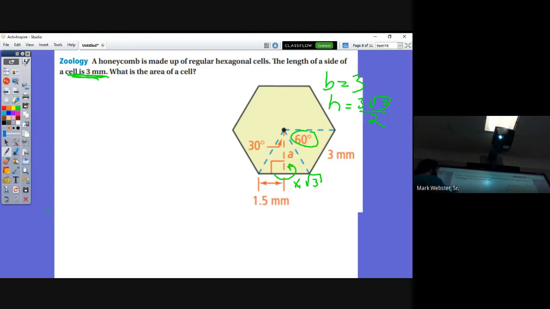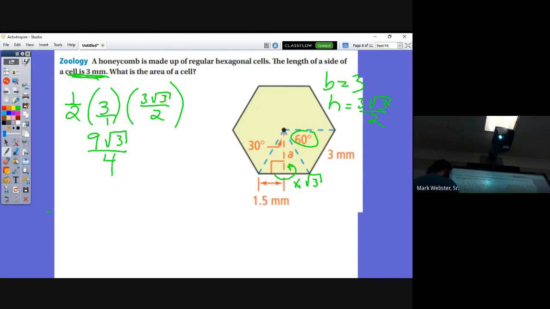So look, 1/2 times base times height to find one triangle. That gives us 9 radical 3 over 4.